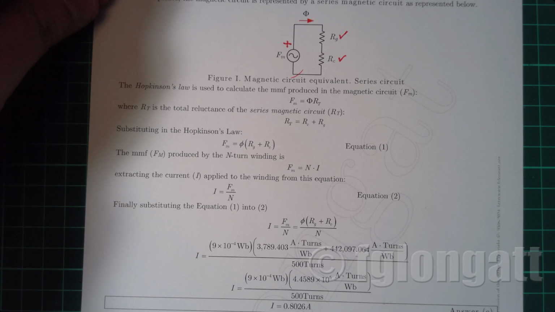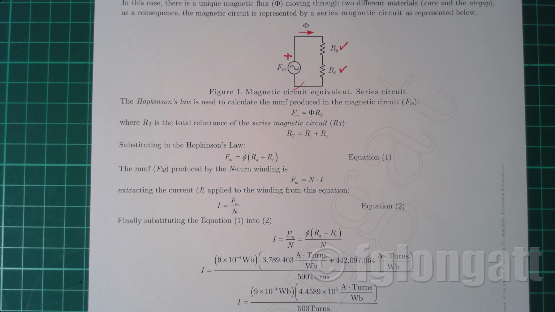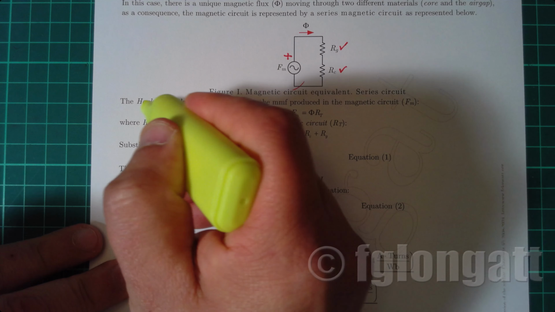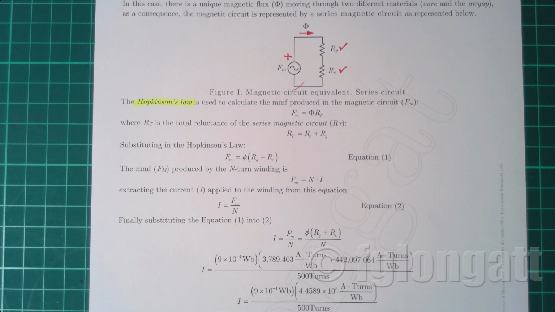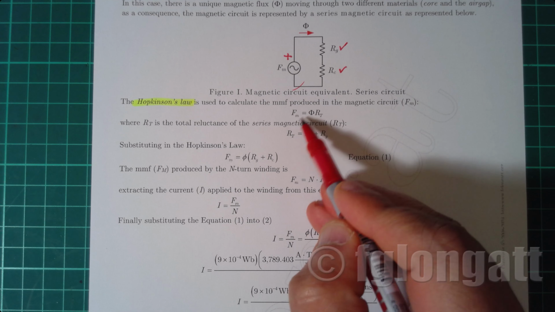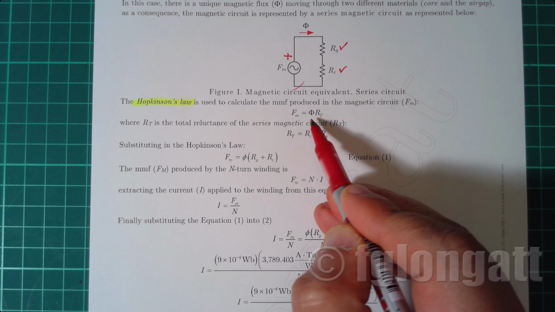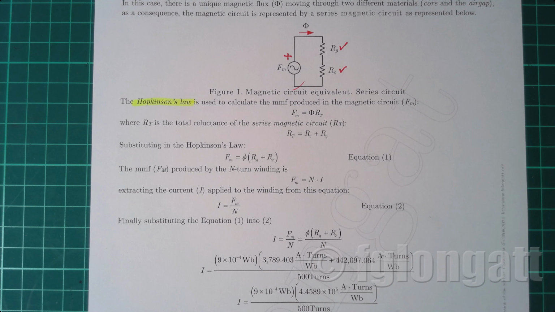And now what we need to do is apply properties that allow me to calculate the flux in this magnetic circuit. What you need to remember is that the relationship between the MMF and the flux is defined by Hopkinson's law. Hopkinson's law says that the MMF, or magnetomotive force, is equal to the flux multiplied by the reluctance.